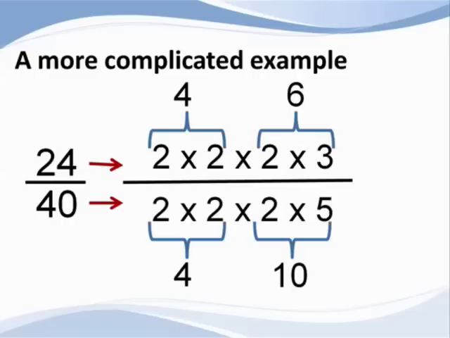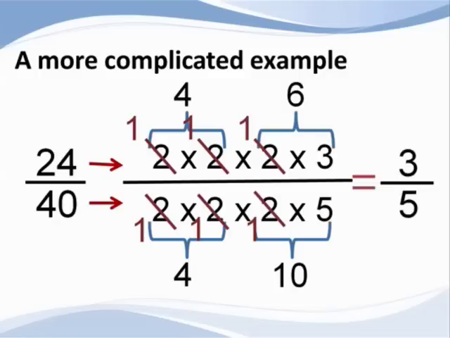Do you see the matching pairs numerator to denominator? All we have left are 3 and 5. 24/40 is equal to 3/5. As you can imagine, this can get rather tedious.